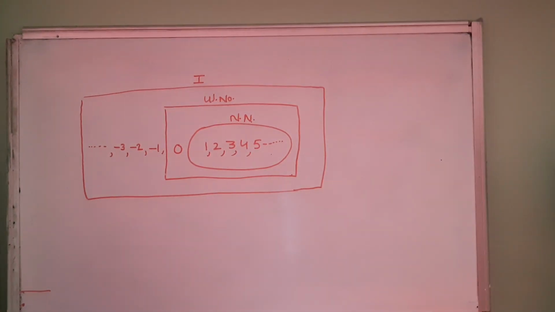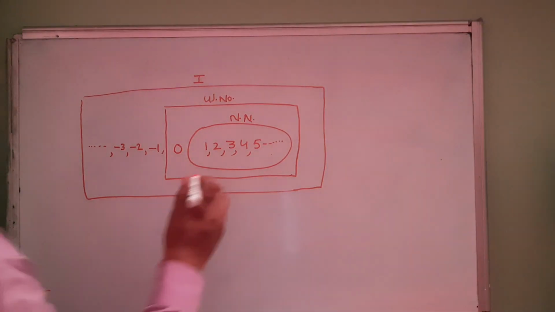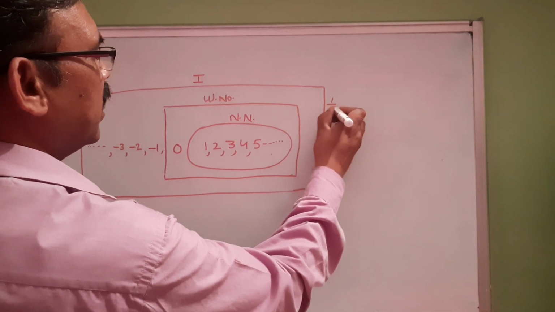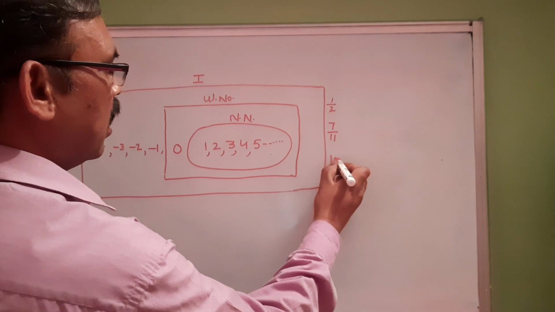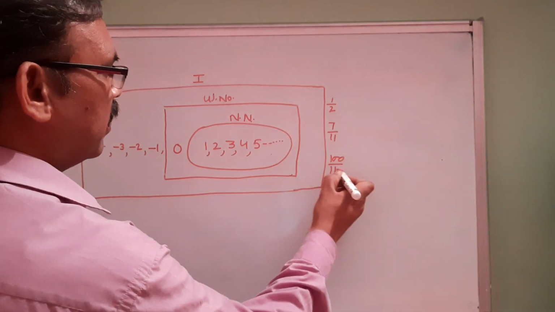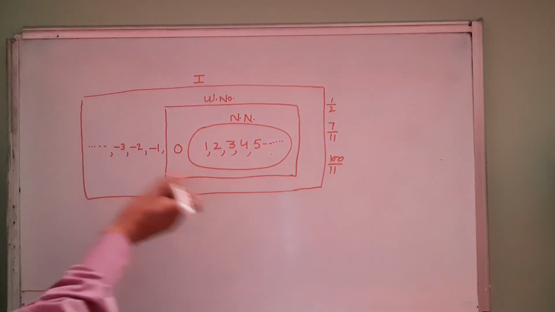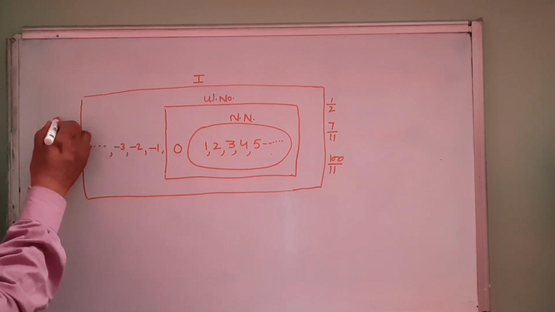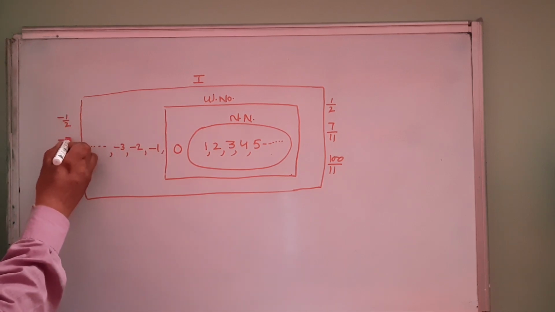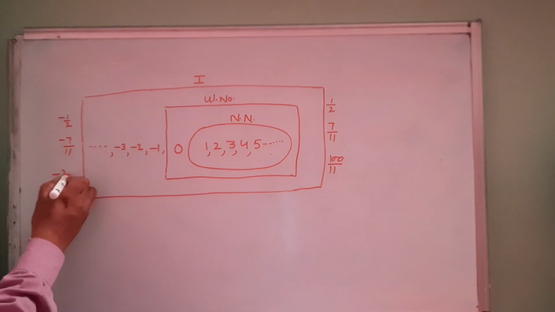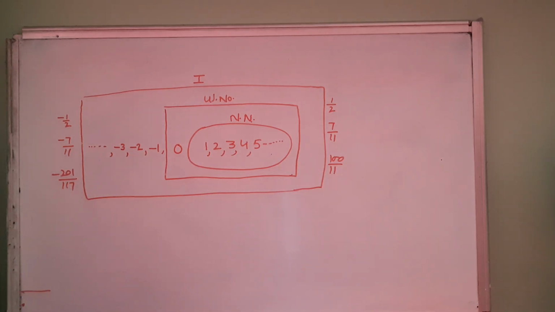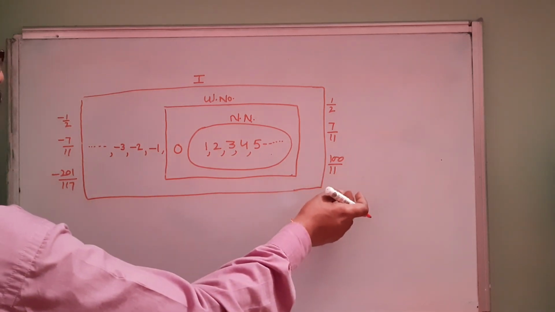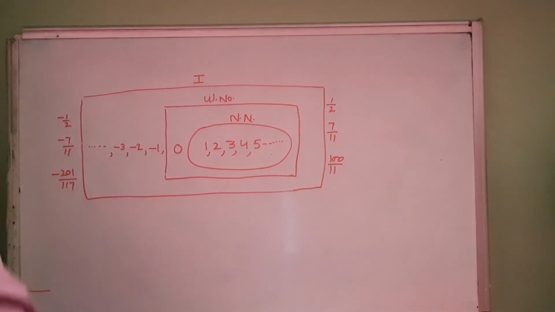Now after having integers, you know there are some numbers like 1 by 2, 7 by 11, 100 by 111 and many more. Some can be negative here, -1 by 2, -7 by 11, and so on. So these are fractions, these are positive fractions, these are negative fractions.